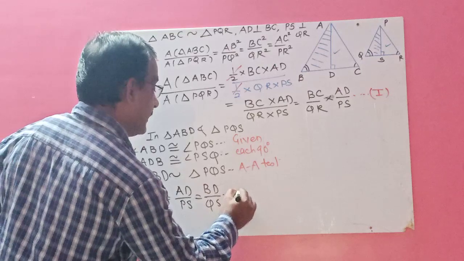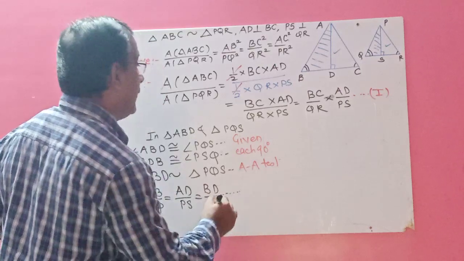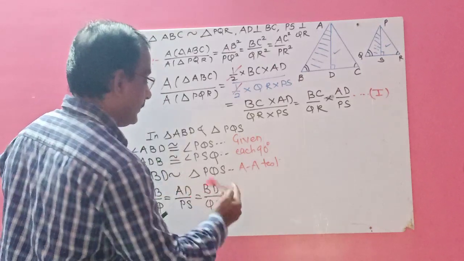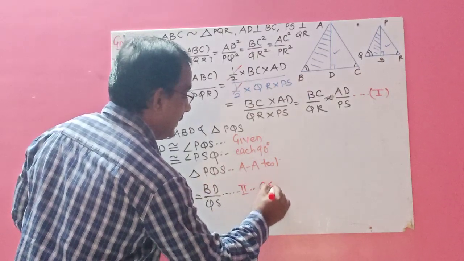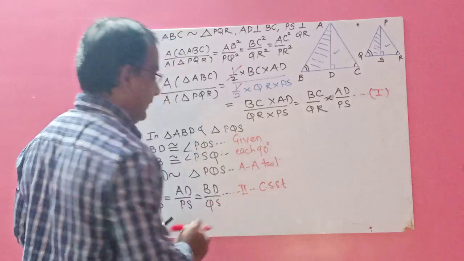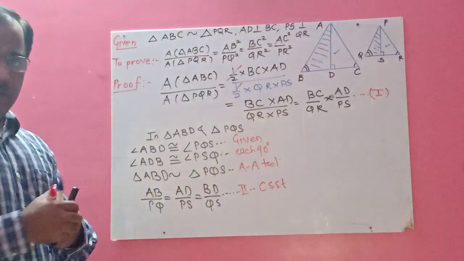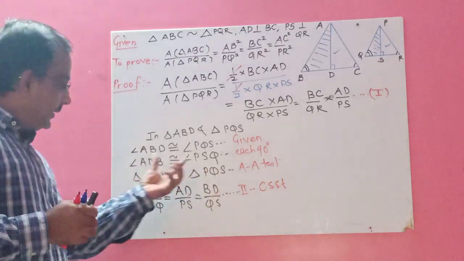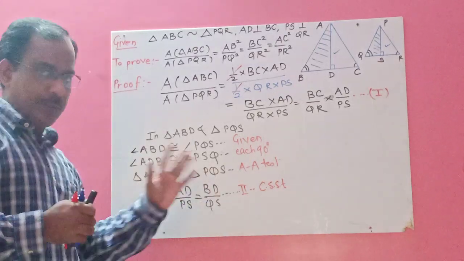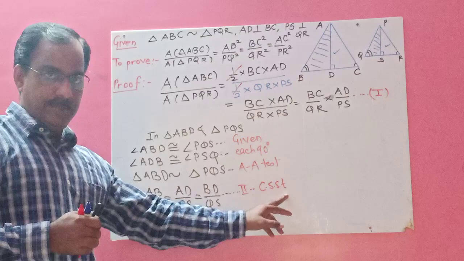Reason for this, actually this is your point number 2, and reason for this one is CSST. Clear? I have proved that these two triangles are similar, therefore their sides are in proportion by CSST.